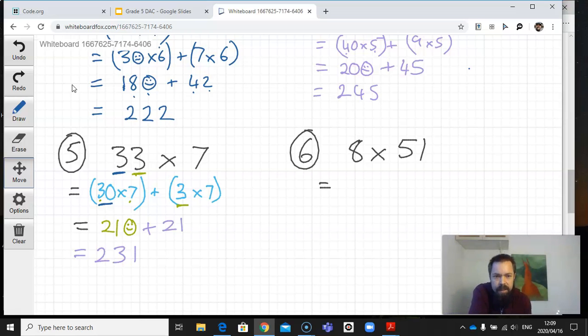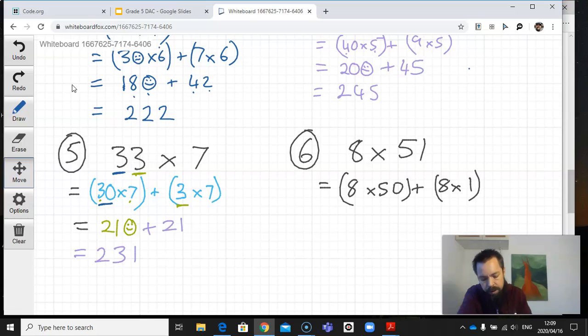I think I'm going to jump straight into number 6. So pause the video if you'd like to try it yourself first. I'm just a little bit worried about running out of time. So 8 times 51, I'm going to break up the 51 into a 50 and a 1. And just to show you, because I'm skipping the step again, the 50 comes from there, and the 1 comes from there.